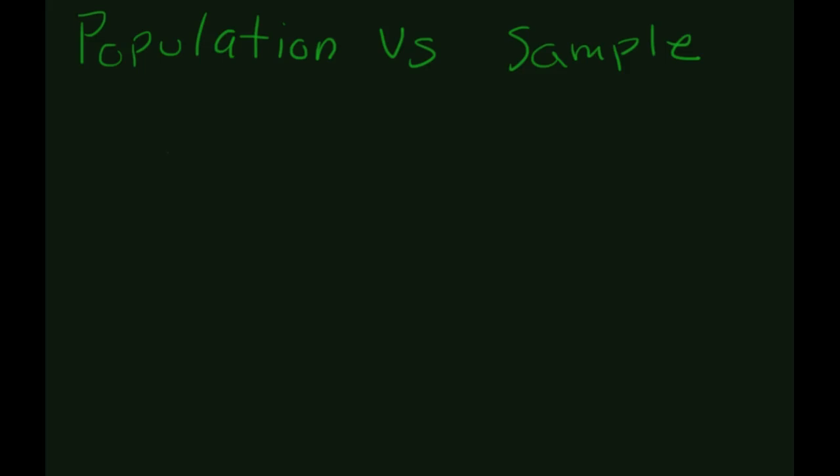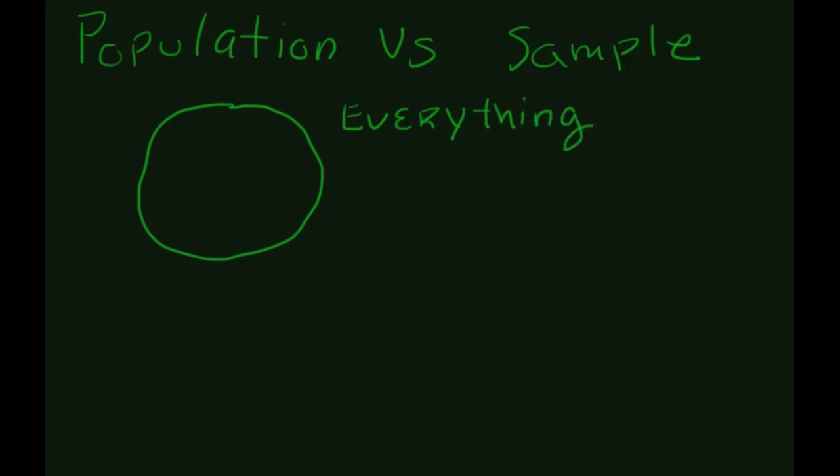That's kind of wordy. It's basically talking about the entirety of the group that we're examining, which we call the population. So a population is literally everything. Everything that we are studying in a particular reality is a population.